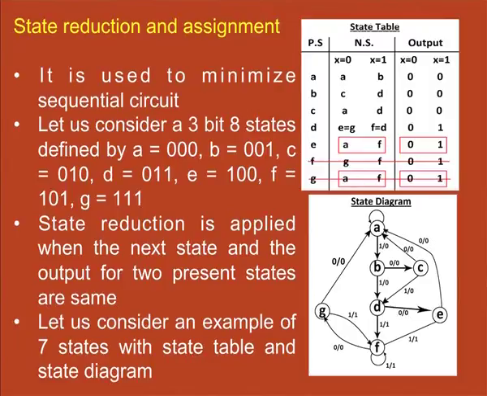Now, state reduction is applied when the next state and the output for 2 present states are the same. So, what does it mean? Let us try to understand this by considering the following example.